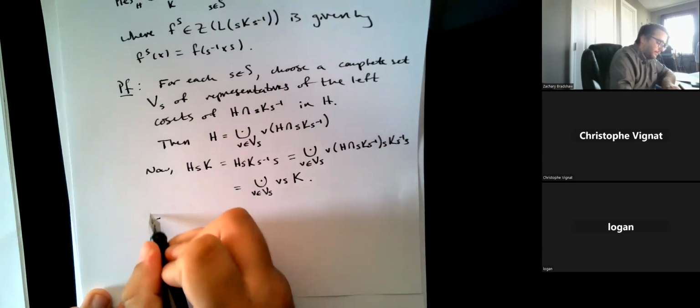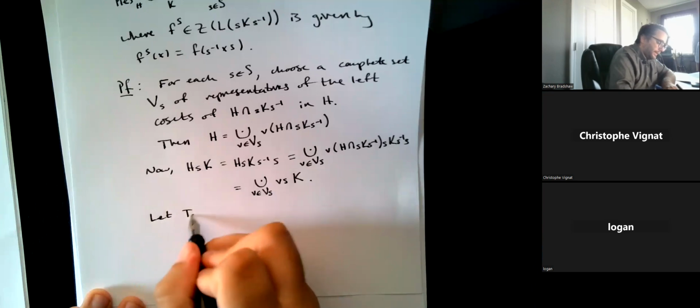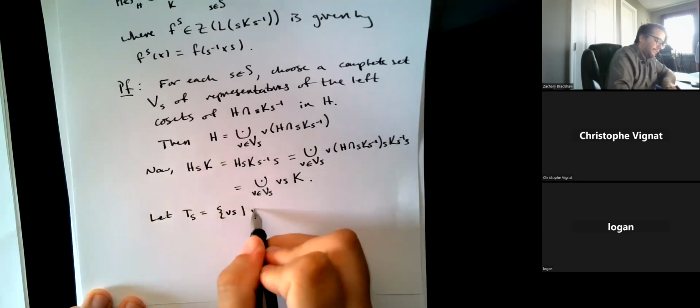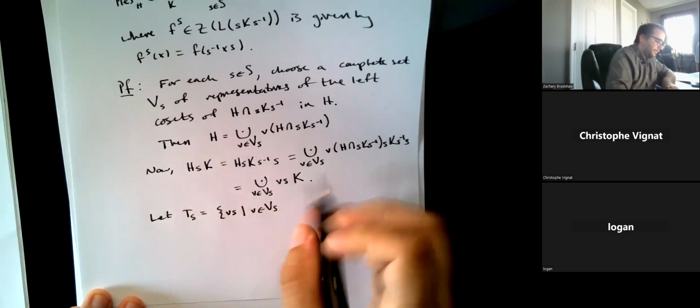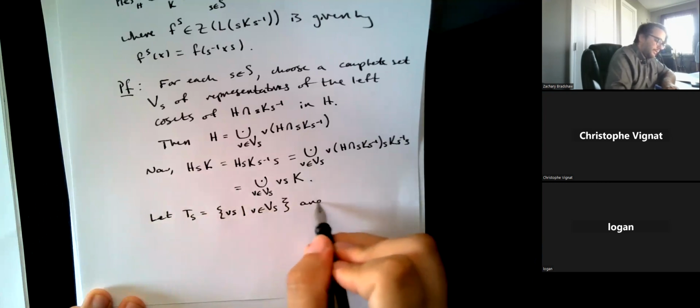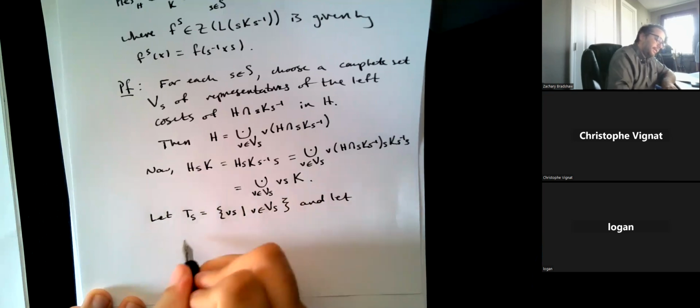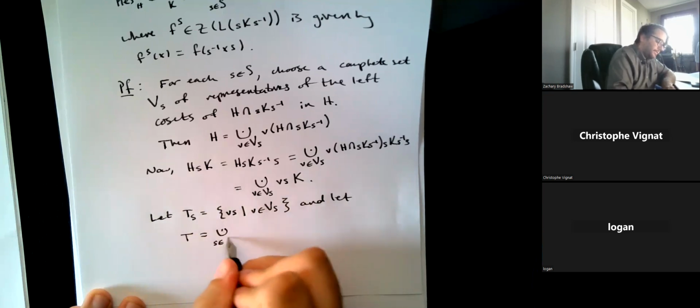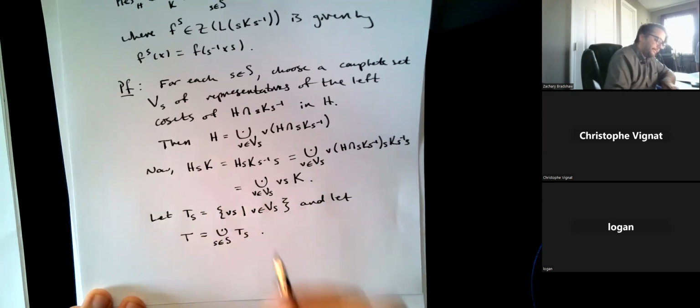So let's define T_S to be the set of V's such that V is in V_S, and let T equal the disjoint union of these T_S.